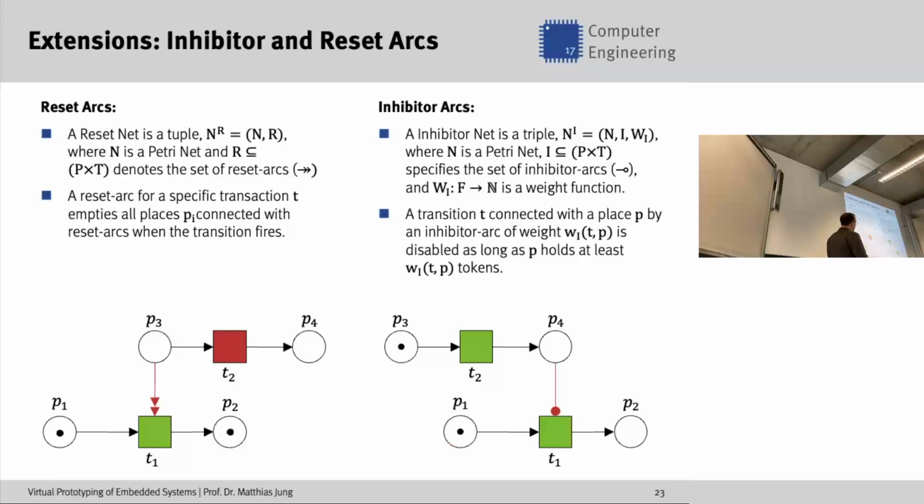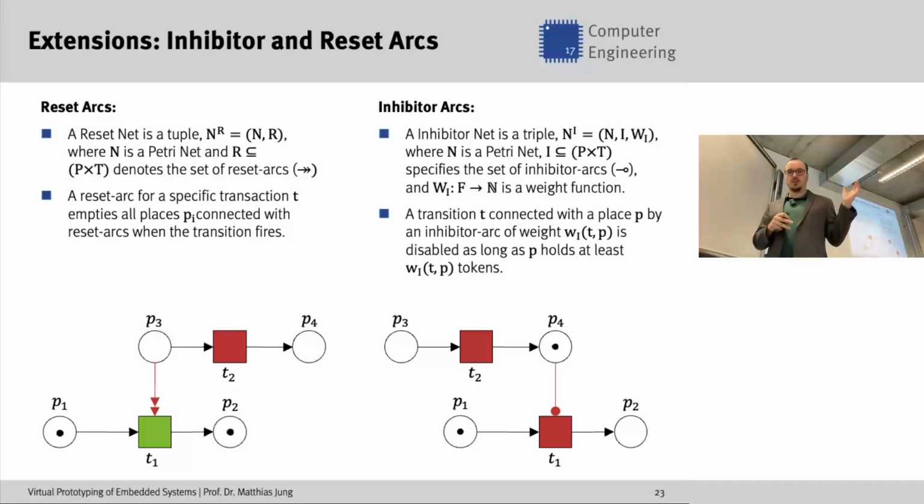Yeah, so if we execute T2, we move a token to P4. So now this is disabled because it doesn't have anything on the inputs anymore. But now also this is disabled or inhibited. The firing is inhibited because we have a token on P4. And even though there is still an input token, it may not fire again. Yeah, so we can use that to block some things.